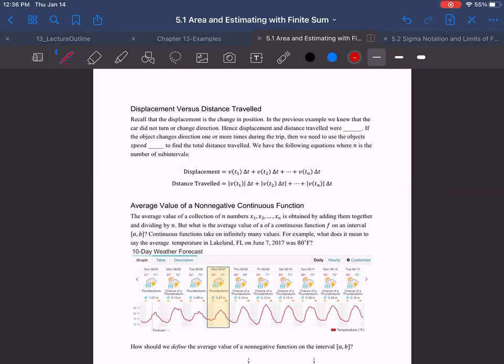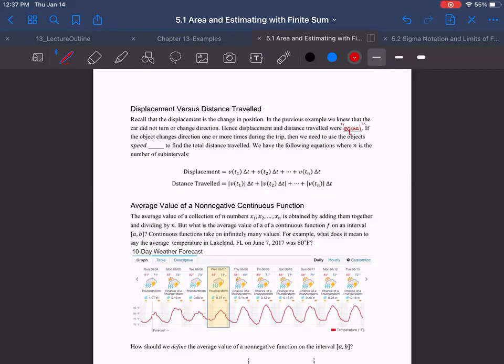In the previous example, the car did not turn or change direction, hence displacement and distance traveled were "equal". I'm putting quotes around that, because they're not necessarily equal. One has more information than the other. They're a different mathematical structure, but the magnitude of them was equal.